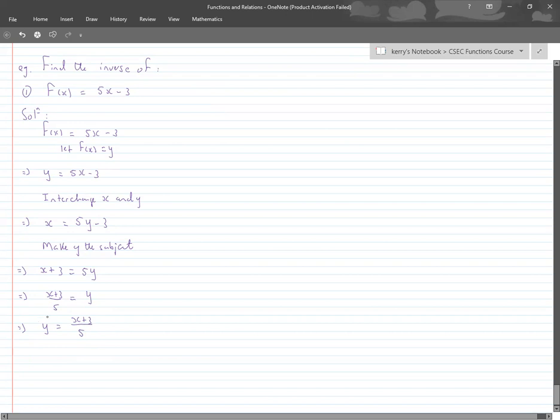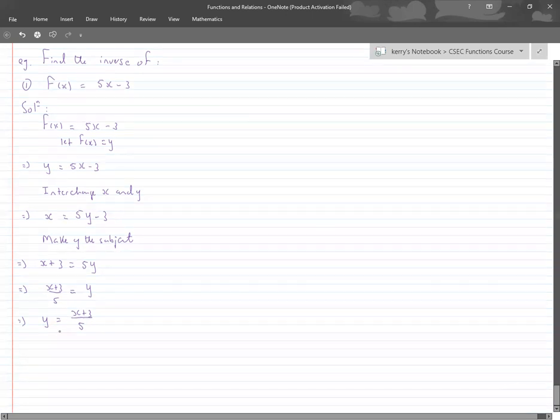This tells us if we are given some output, what is the input. And now we let y be equal to the notation, which is f inverse of x. So f inverse of x is equal to x plus 3 all over 5.